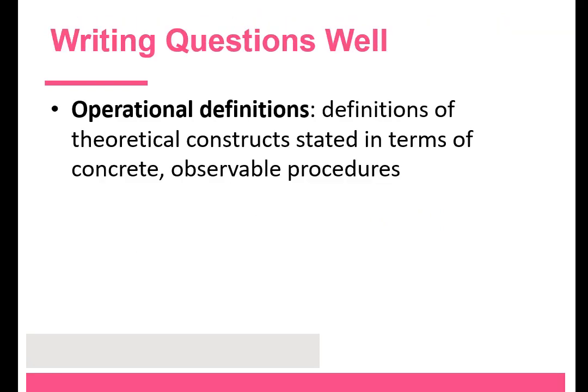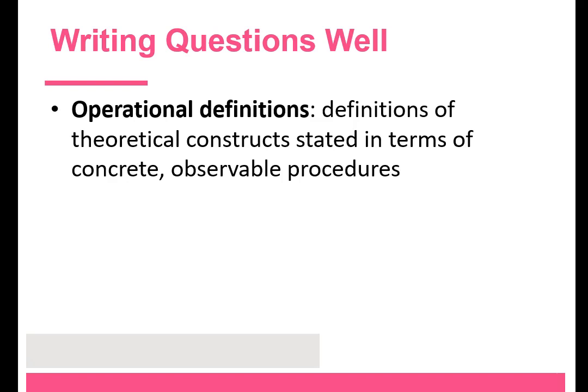When we talk about writing questions well, we're talking about using very clear operational definitions, and we talked about operational definitions earlier in the class, meaning you're taking your abstract construct and turning it into something clear and objective. So if you had a question, how many drinks do you have every day?